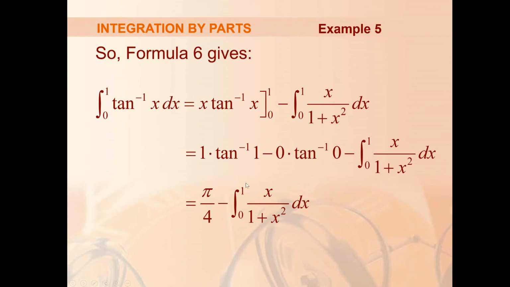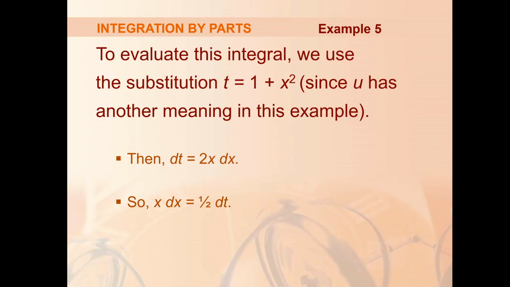So what's the integral of x over 1 plus x squared? Using the u substitution formula, we set t equals 1 plus x squared. So dt would be 2x dx, so x dx equals 1 half dt.